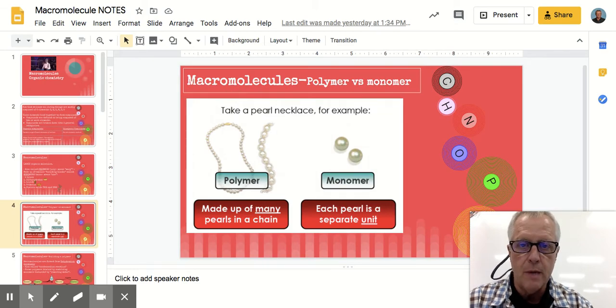One thing to keep in mind is that macromolecules sometimes are the result of long chains of smaller units. We think of the smaller units as a monomer, and the larger unit as a polymer. You will see how that comes together as we dig deeper, but keep those two terms in mind.